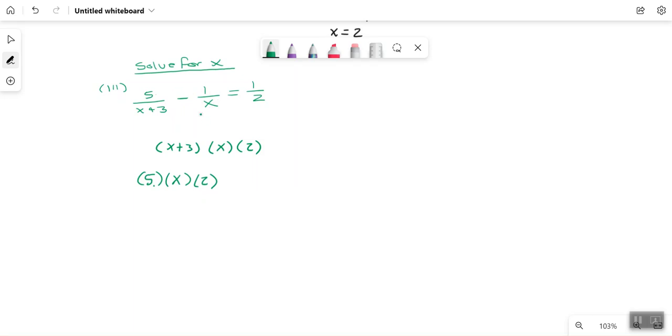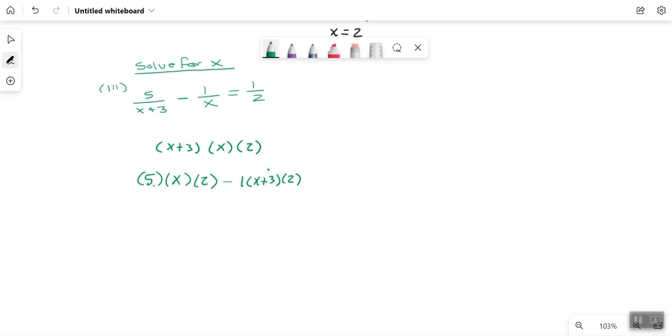So then if we multiply this by this, it's going to be minus. The x will cancel out with the x here, and we'll be left with x plus 3 by 2 by 1. So it's going to be 1 multiplied by x plus 3 multiplied by 2.